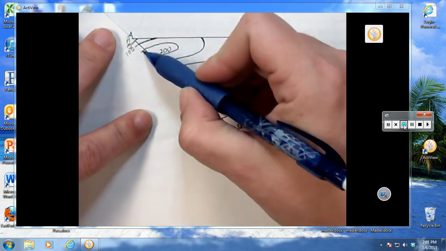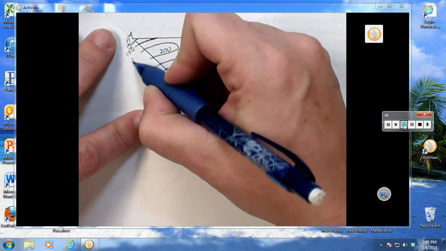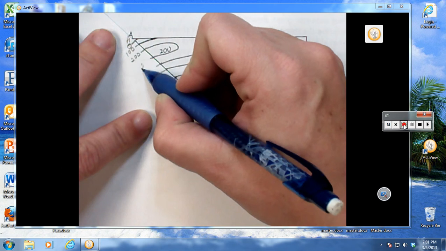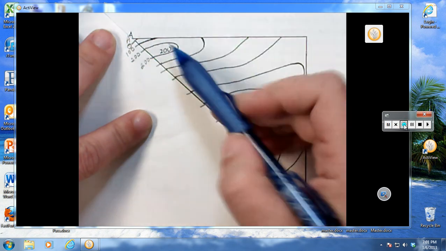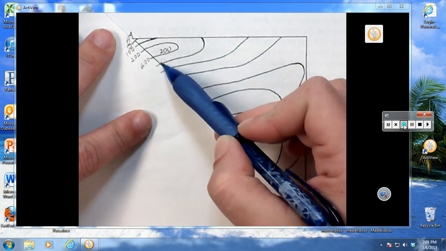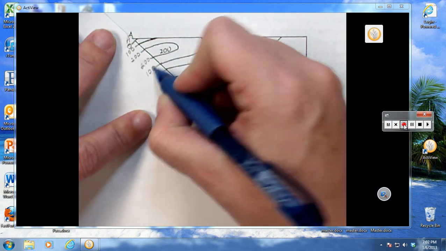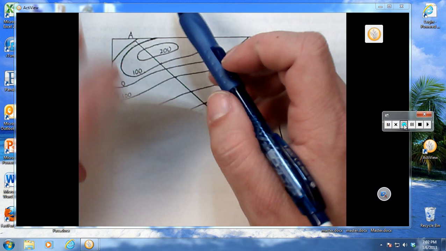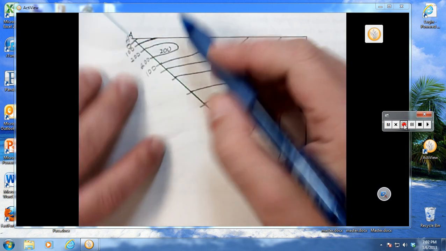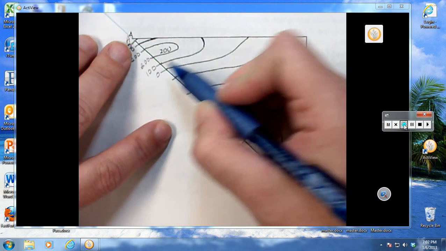And then this one you can see is 200. Follow the line around. This notch is 200. This was your 100 mark contour line, so if you followed this around, that would mean this one would be 100. This is your 0. Follow it around. The next line, that's 0.